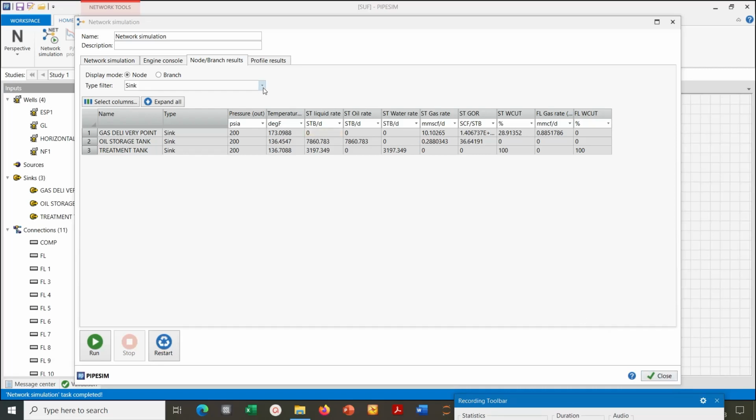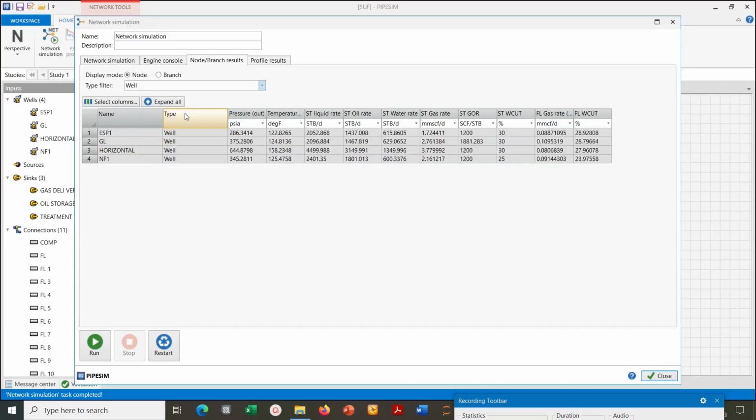Then we can also look at the performance of each of these wells. So the ESP well produces about 2,052 stock-tank barrels of liquid. So let me look at the oil. ESP well produces 1,437 stock-tank barrels of oil. Then gas lift produces 1,467.